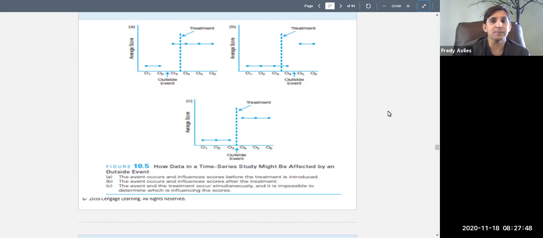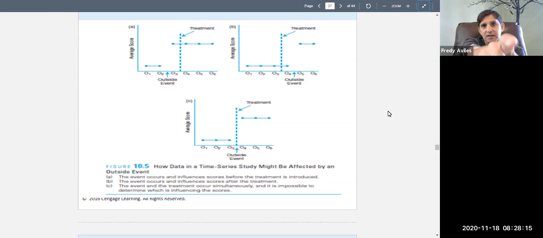And then you have your treatment, which is the dotted line there, which let's say was some type of therapy that's supposed to make you feel better because you're depressed. And then we see the observations afterward and people feel good, okay? In that case, we know what the outside event did. We know the outside event increased well-being or happiness without the treatment, because we see it.